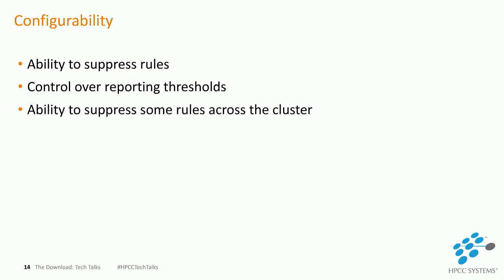So we'll be providing a mechanism to suppress specific rules for a section of code or the entire cluster. There will also be some configurability as to the reporting threshold. So if the user wants to only see where there's skews greater than 125%, they'll be able to configure that.